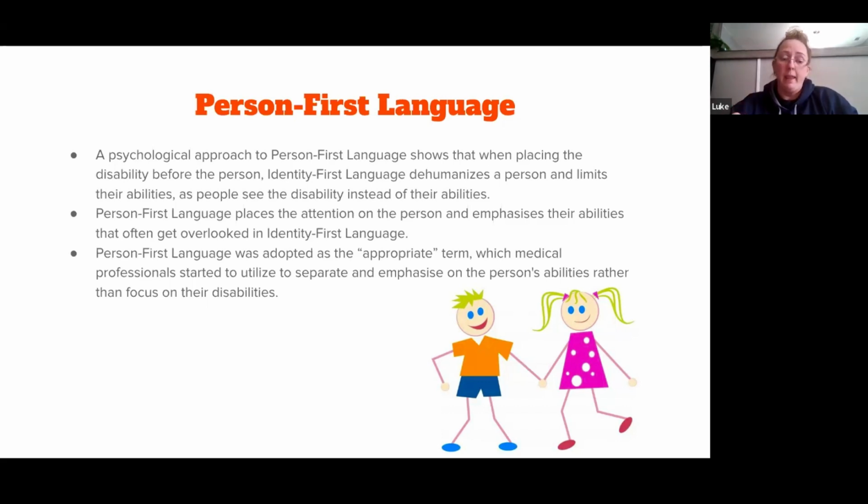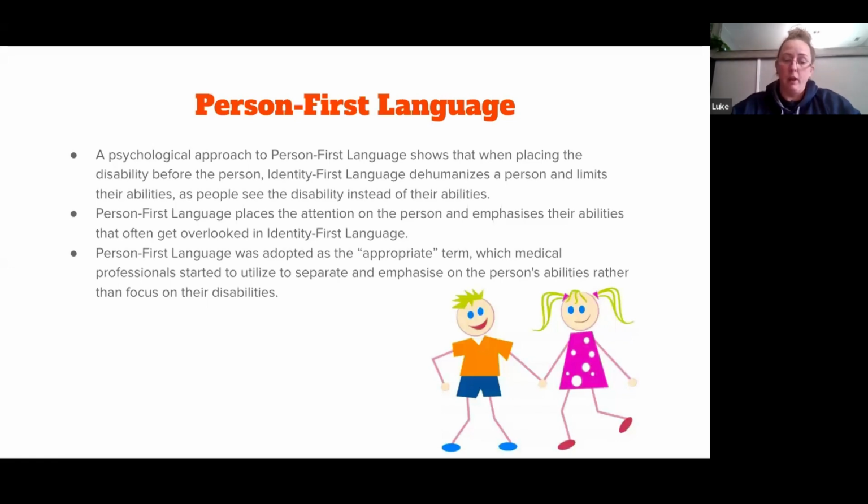It used two sentences for the perceived consequences, and I quote, I think that person first language or identity first language contributes to a decrease of prejudice about people in the autism community. Or it would say, I think that person first language and identity first language does justice to the identity of people in the autism community. And this was rated on a 1 to 7 Likert scale, with 1 being strongly disagree and 7 being strongly agree.